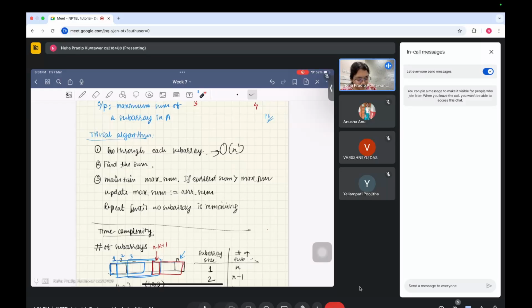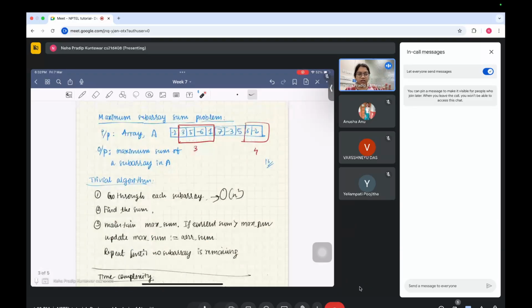Then once you find the current sum, if it's greater than the current maximum that you're maintaining, you just update it and keep on doing this. So this will roughly be order n cube, or even order n square if you do a good analysis. This is a trivial algorithm, a very obvious thing to do: you just go through all subarrays and find which is the maximum. There's nothing clever happening here.